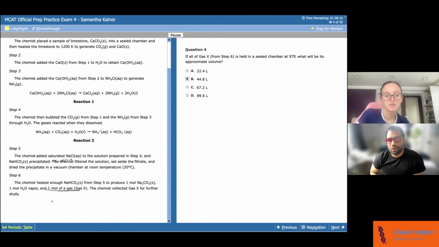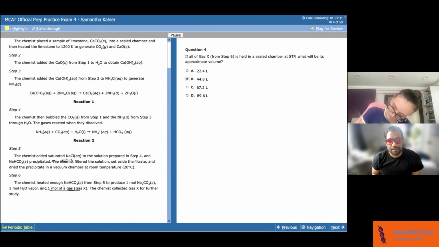And molar mass would just be the mass of 1 mole of something, right? But on the MCAT, if they talk about gases, assume ideal unless they tell you that it's not. So any time we see a question like this about a gas, the answer is 22.4. 1 mole of an ideal gas at STP is 22.4 liters.